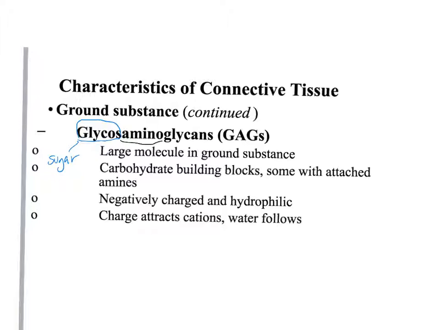Okay? Amino refers to amino acid. And then glycans goes back to sugar. So really this is an amino acid that has 2 different carbohydrate pieces attached to it.